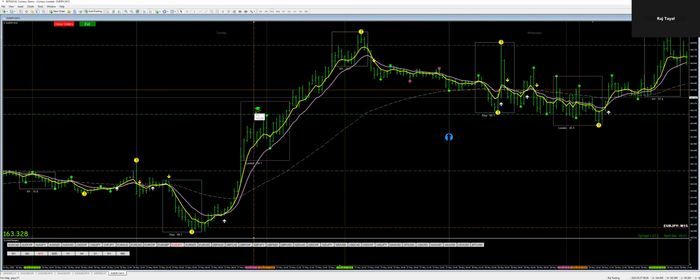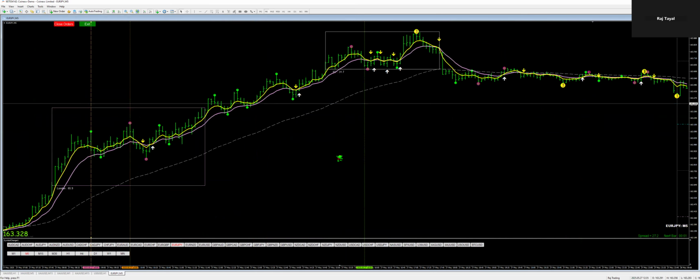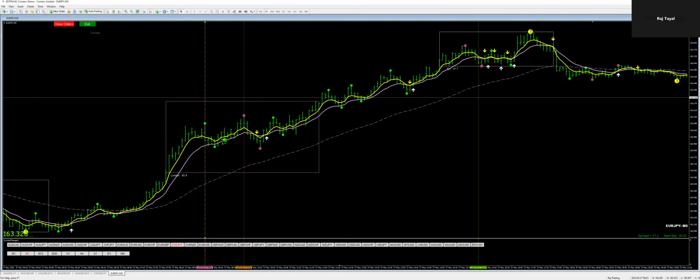And we have no clue here. This already started down here, so we have to wait for a retrace on the 5. And we get a retrace and we get a fresh cross. So this is our entry.